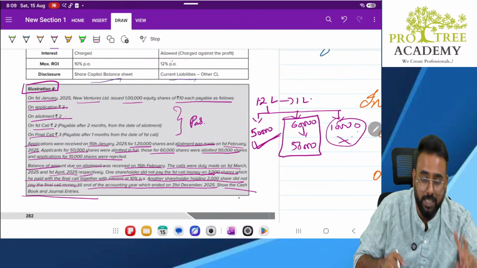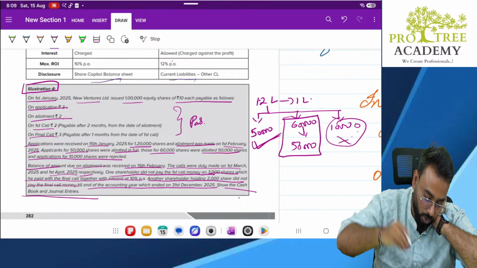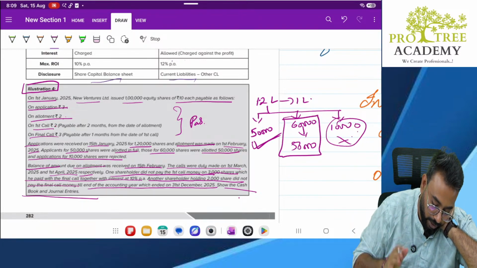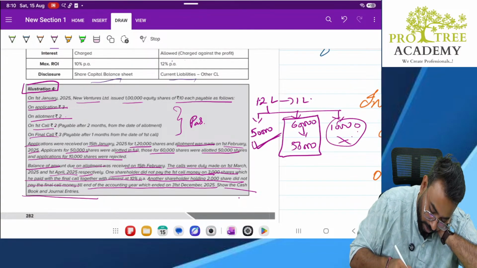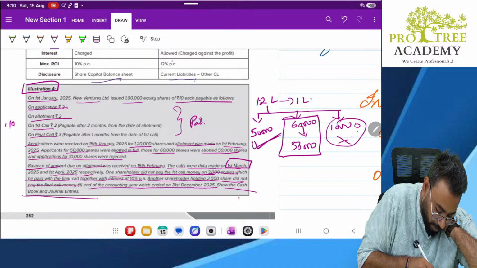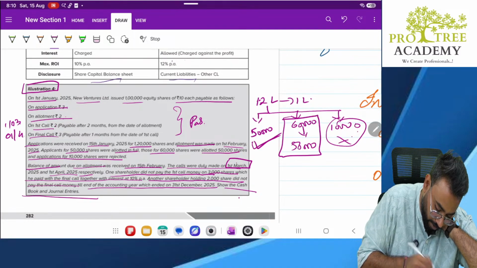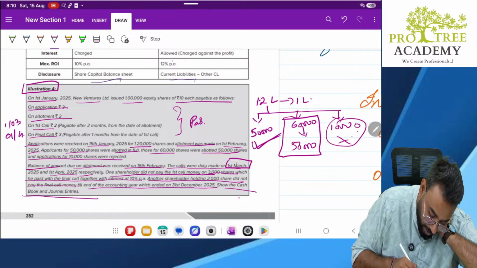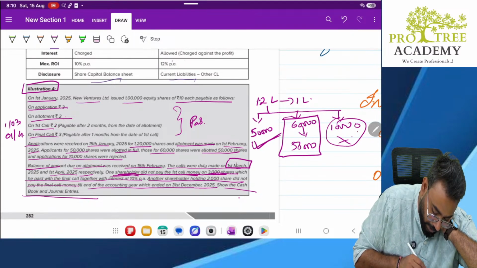So all they are telling is, now we calculated calls in advance. Now you have to calculate calls in arrears. So see the dates and then you decide. So when were the calls made? The first call was made on 1st March, and the final call was made on 1st April. One shareholder did not pay first call money on 3,000 shares, which he paid with the final call.